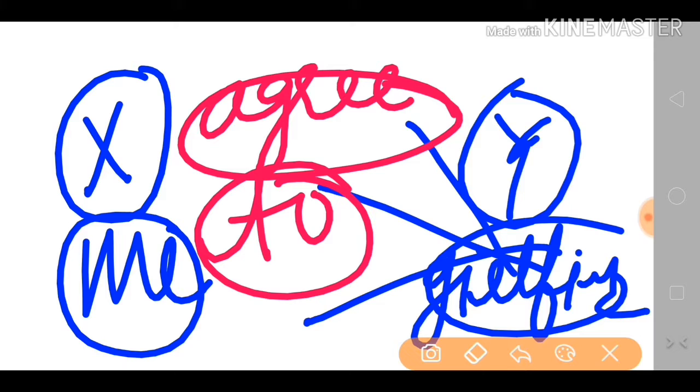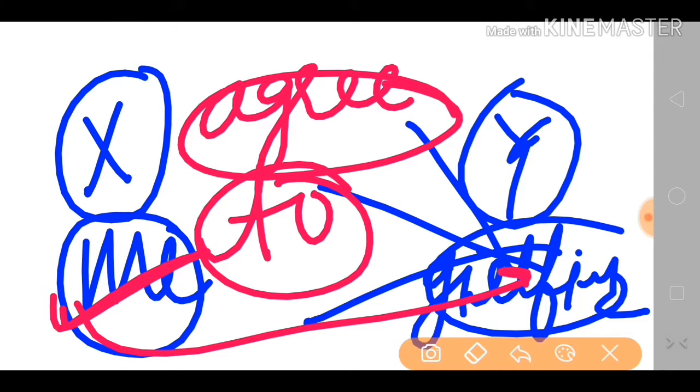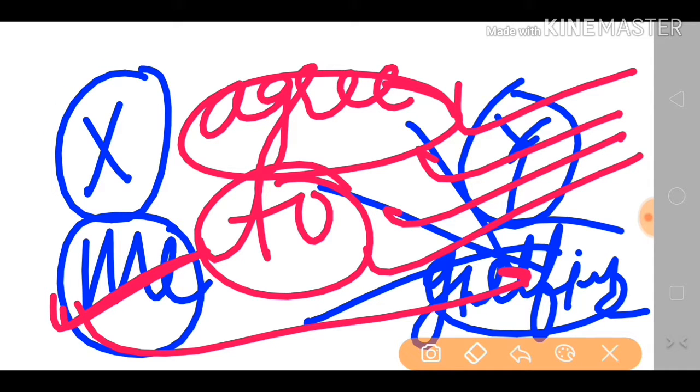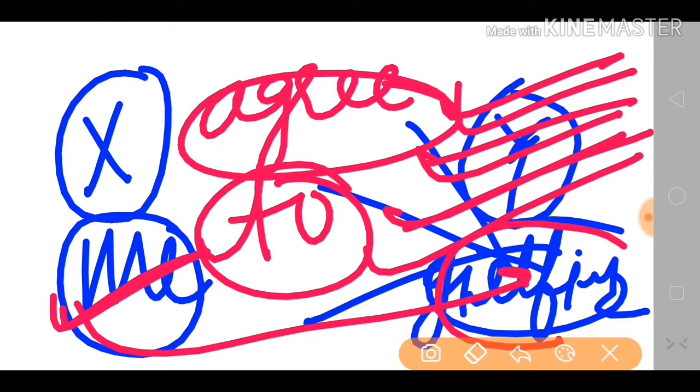Getting my point? Like I am agree with my girlfriend, not on the topic of her strategy, plan, idea, concept. I'm not agreeing with her, I'm agreeing to her plan, strategy, concept. Getting my point?